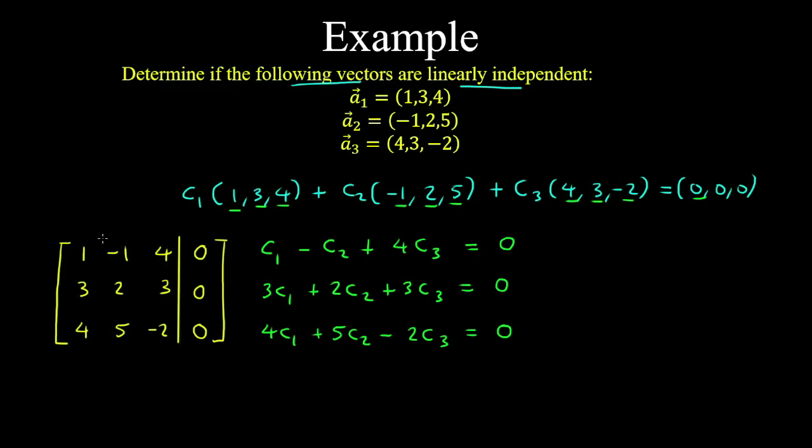Now we can take the determinant of the matrix of coefficients. Let's call this matrix A. We take 1 by the determinant of the minor, which is 2 by minus 2, minus 3 by 5, and then minus 1 by 3 by negative 2, minus 3 by 4.